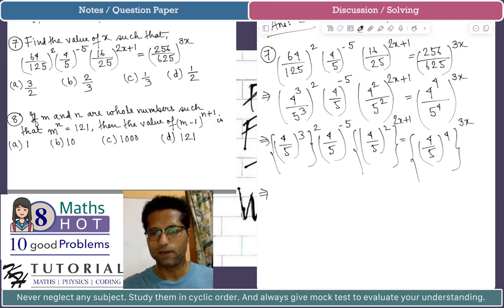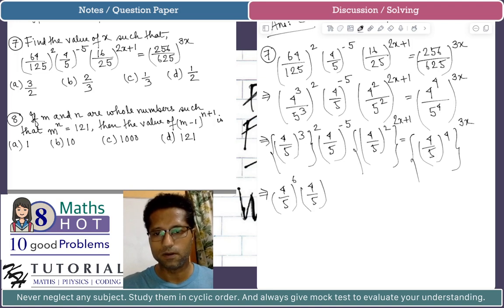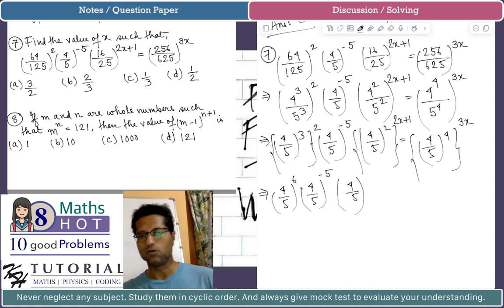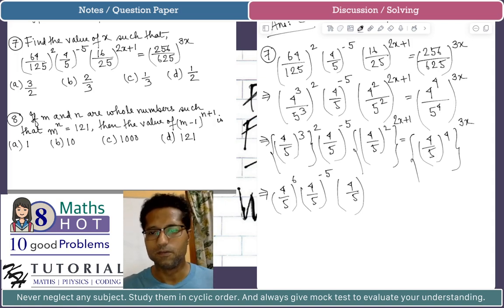So now on the left hand side, (4/5) raised to the power 3, and that whole raised to the power 2, is nothing but (4/5) raised to the power 3 multiplied by 2, that is 6, and we have (4/5) raised to the power minus 5, and (4/5) square whole raised to the power 2x plus 1 will become (4/5) raised to the power 2 into 2x plus 1.